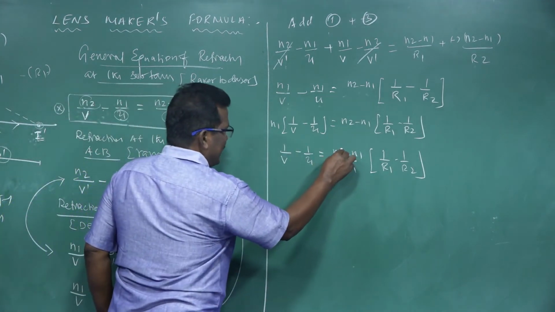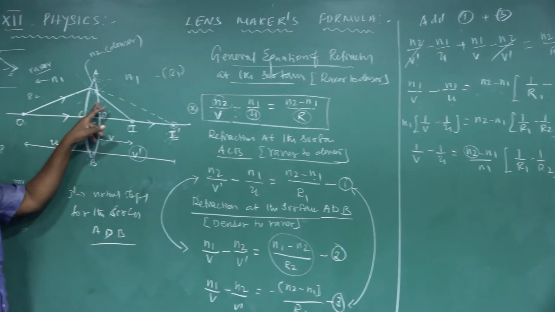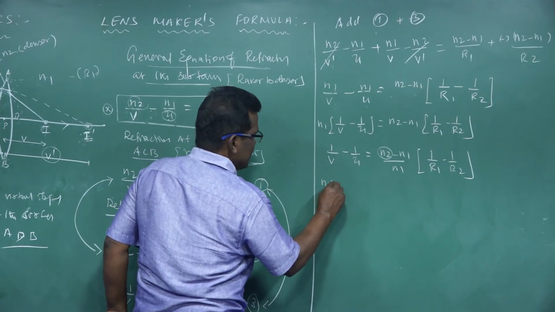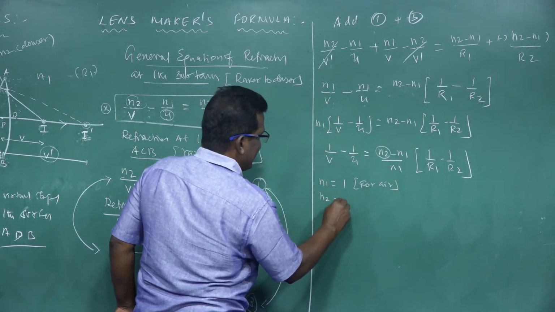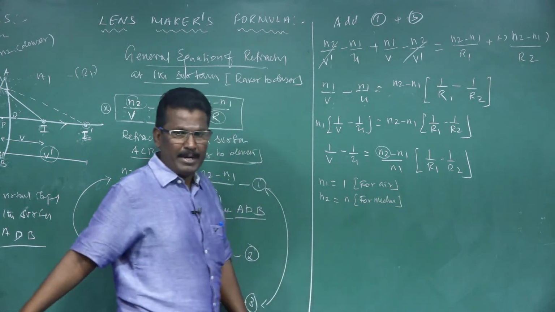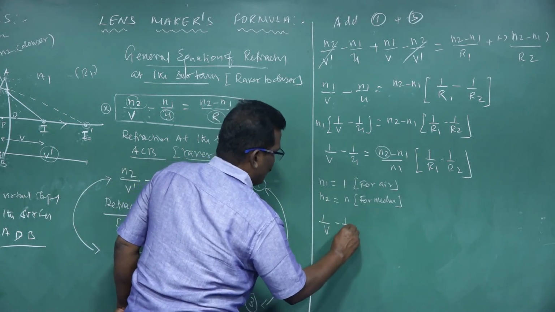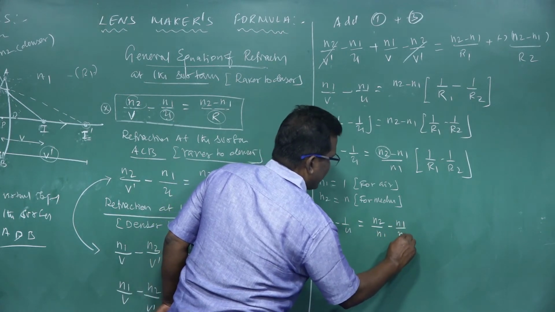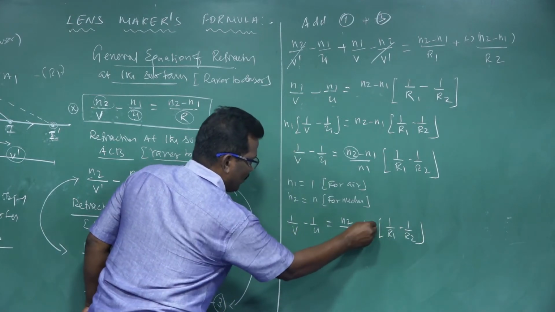What is n2? n2 is the refractive index of the second medium, that is, for the lens. n1 is the refractive index of the air. Suppose n1 is equal to 1 for air, and n2 is equal to n for the medium. Before substituting, 1 by v minus 1 by u is equal to (n2 by n1 minus n1 by n1), times (1 by r1 minus 1 by r2). So n1 divided by n1 is 1.